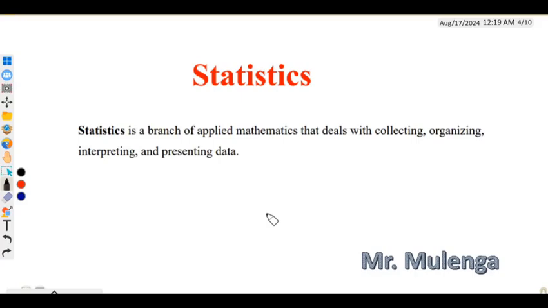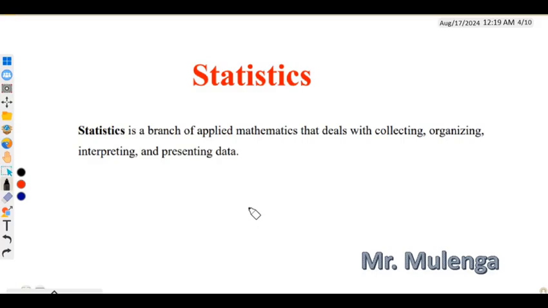Apart from that, statistics also helps us in risk management, that is under insurance, finance, and the natural disasters. It also helps us in research and development under the scientific research, product development, and medical research. So these are some of the importance of statistics.